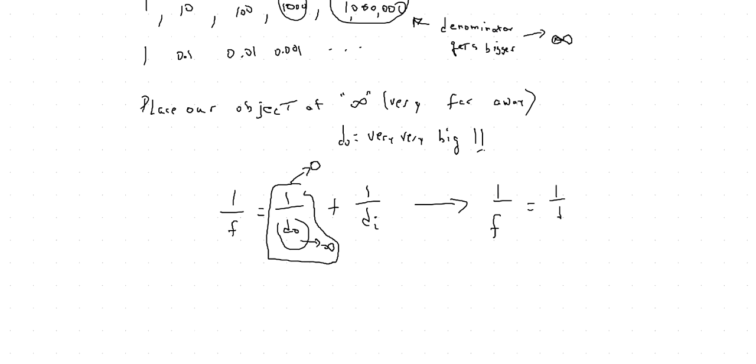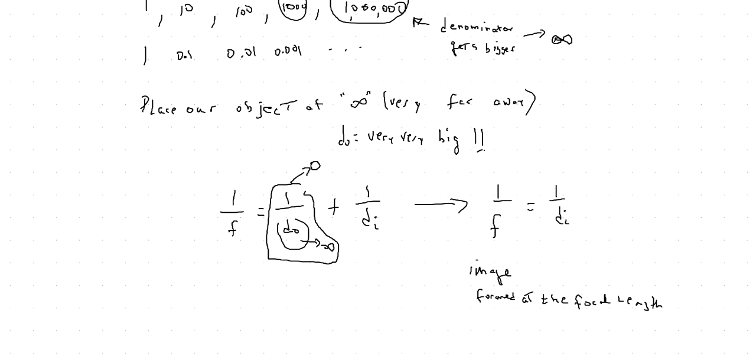Then the image would be formed at the focal point, at the focal length. The value would be the focal length, right?